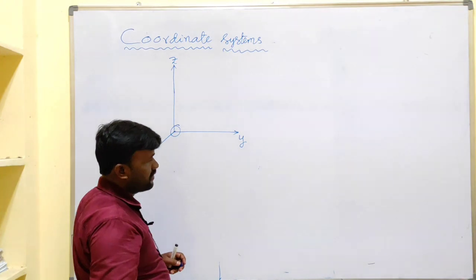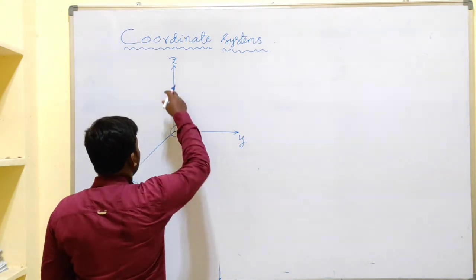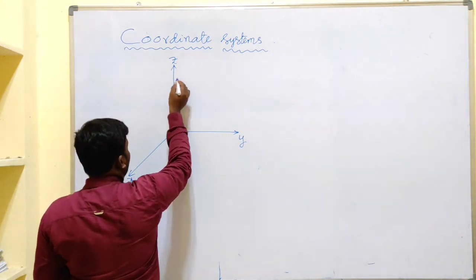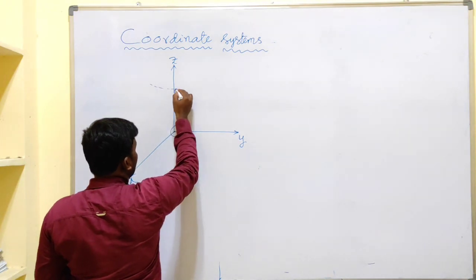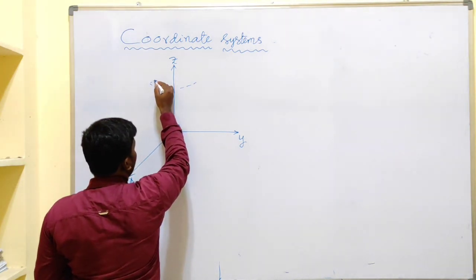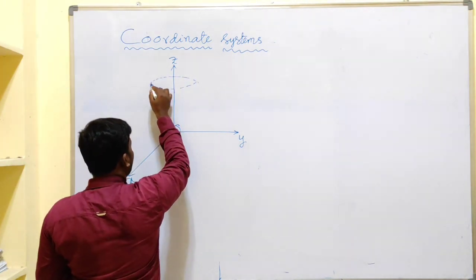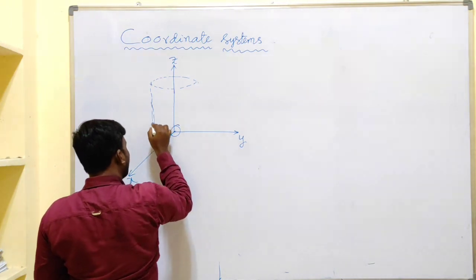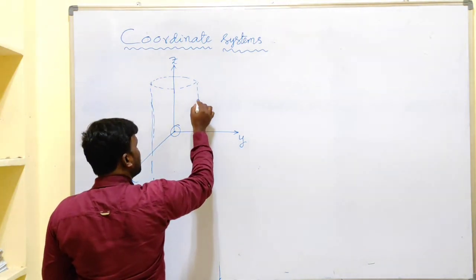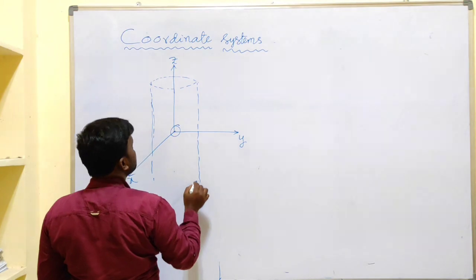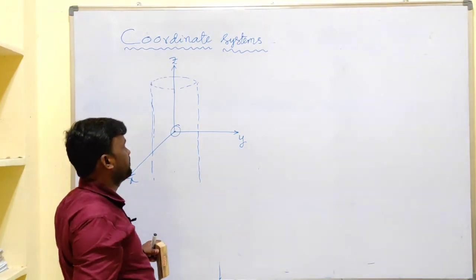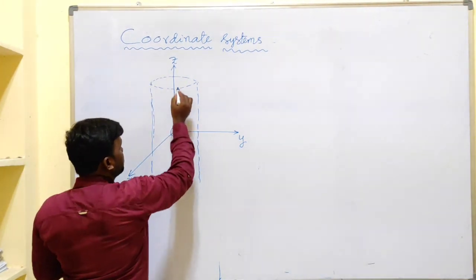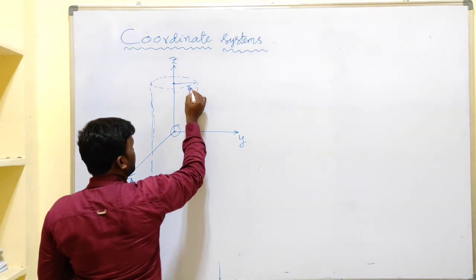Now represent the cylindrical coordinate system. In this one, we have a cylinder of radius rho placed along the z axis. That's why z is the reference axis. And the distance from ear to ear is rho.